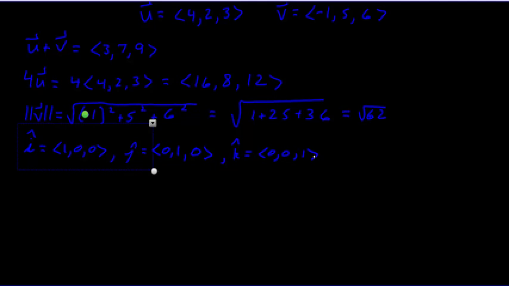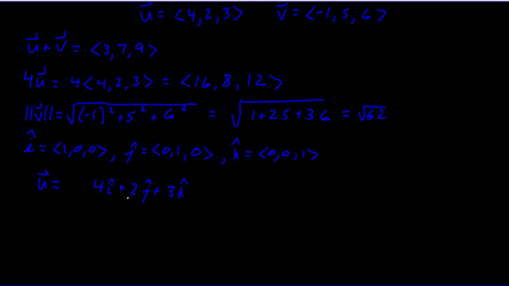So if you wanted to write u as a linear combination, we have 4, 2, 3, so that's going to be 4i plus 2j plus 3k. There we go. So there's our linear combination.